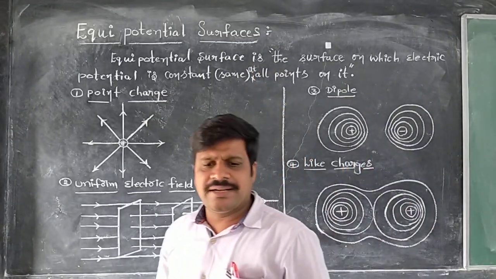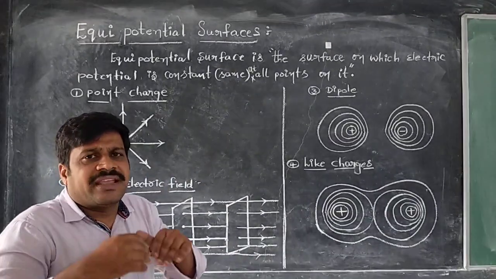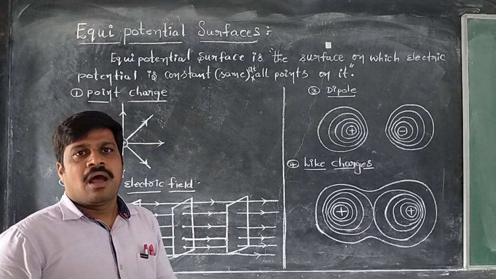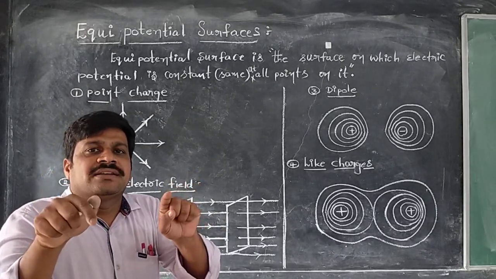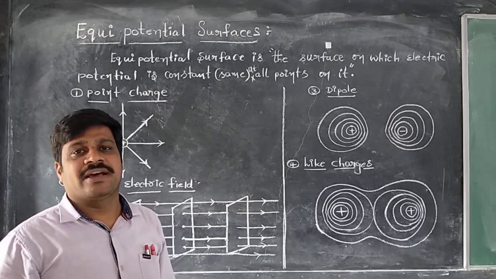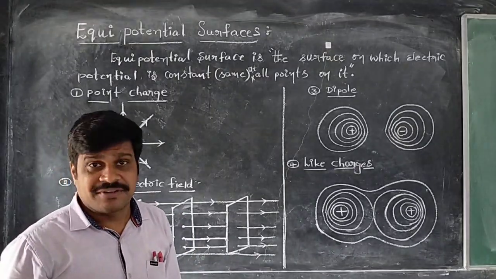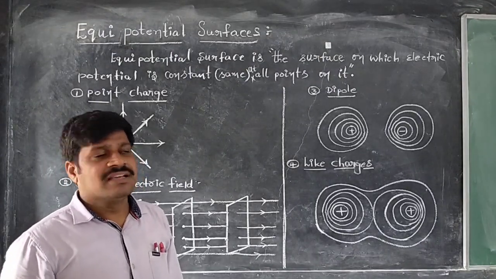Suppose you take a surface and take any two points on it. If the potential at those two points is the same, then such a surface is said to be an equipotential surface.